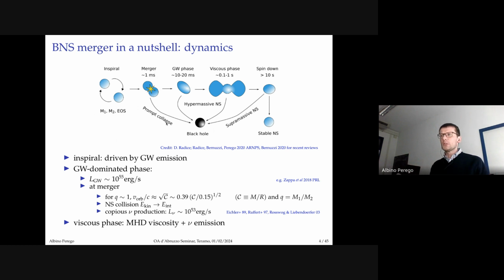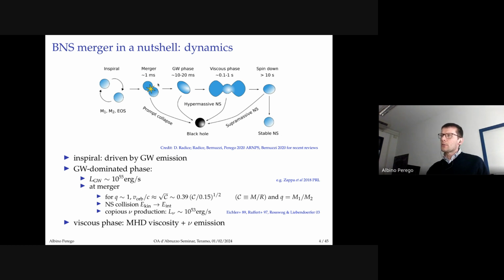This is not obvious, it depends on the masses and on the equation of state. If the system is more massive or the equation of state is particularly soft, this can happen more easily, while if the masses are relatively light or the equation of state is very stiff, it's possible that the system will collapse to a black hole only at late time or even never, even if the formation of a stable neutron star is seen as a corner case.